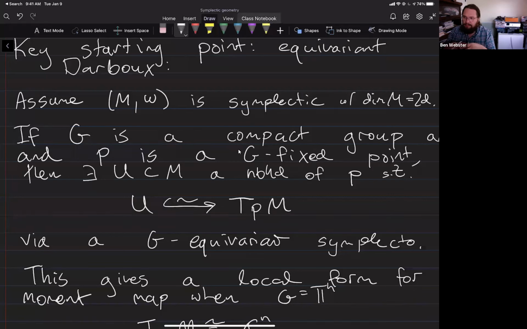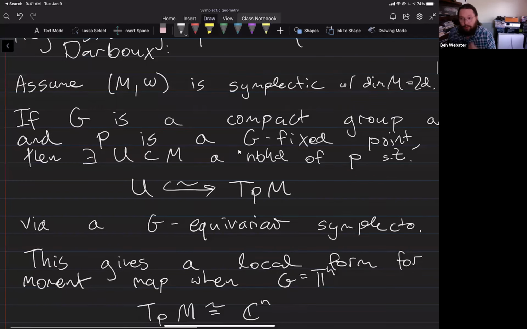And there's nothing truly symplectic going on here. I mean, there's a little bit because I have to make sure that I get Darboux coordinates. But this theorem is also true non-symplectically: if you have a compact group acting on the manifold, you get the group representation on the tangent space.